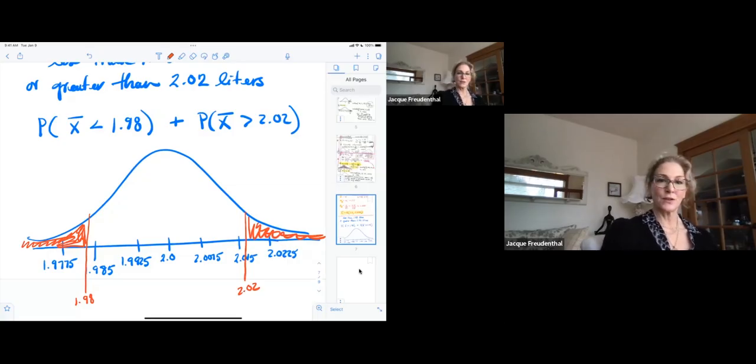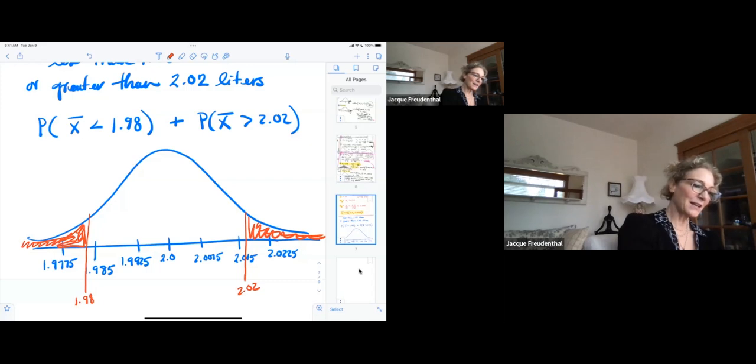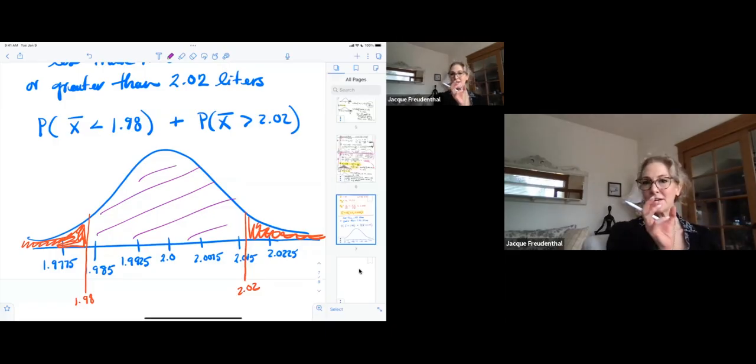So I have my choice of the TI-84 calculator or StatCrunch, and I also want to think about how I can get this in the quickest way. If I find the area in between 1.98 and 2.02 first and subtract from 1, I will get the tail ends.